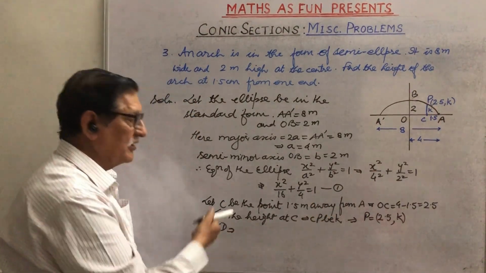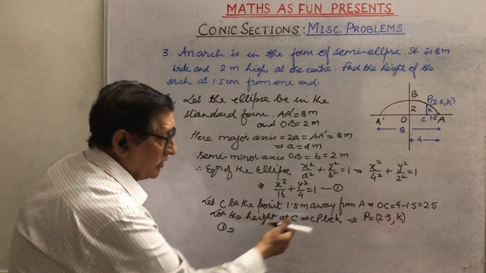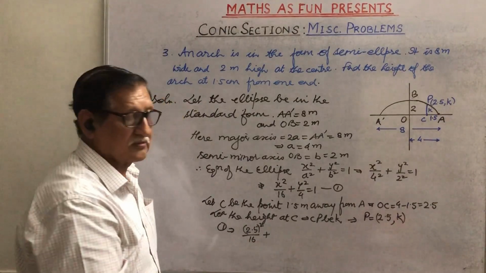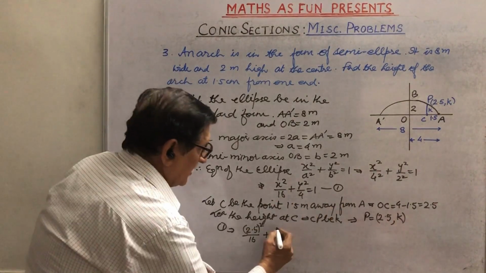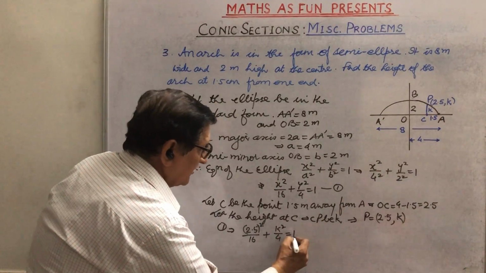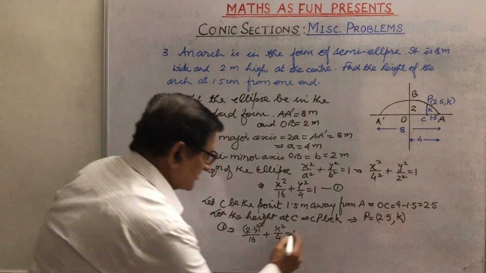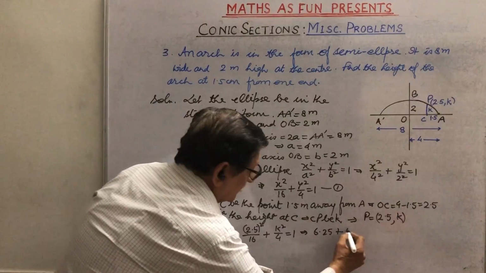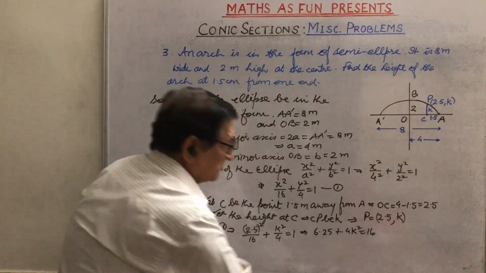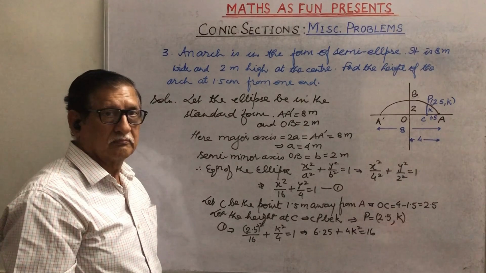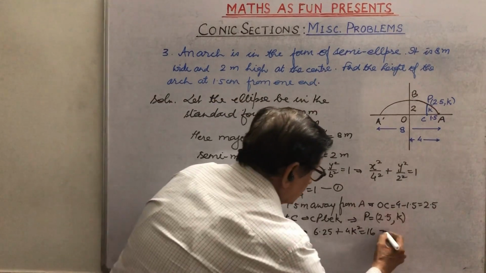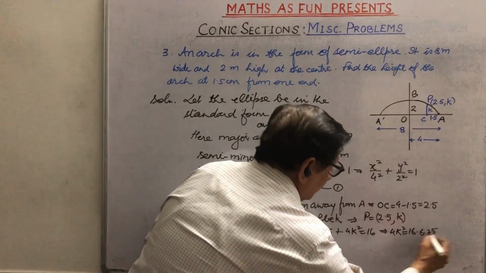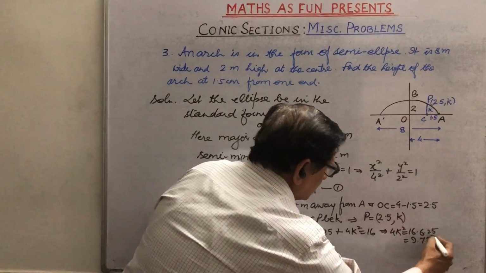So if we substitute the values in 1, we will be getting here x square, meaning 2.5 square upon 16, plus y, meaning k square upon 4, is equal to 1. If we take LCM as 16, are we getting here 6.25 plus 4 into k square equal to 16? This gives us 4k square is equal to 16 minus 6.25, which is equal to 9.75.